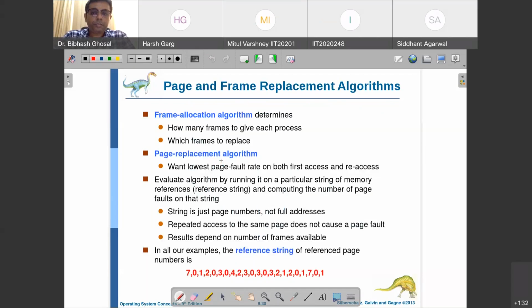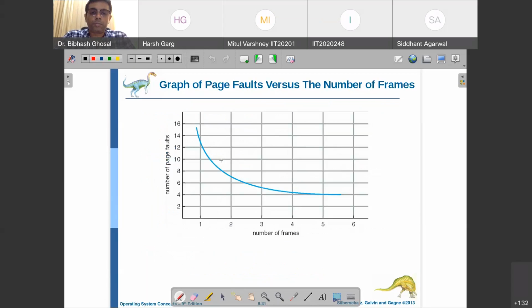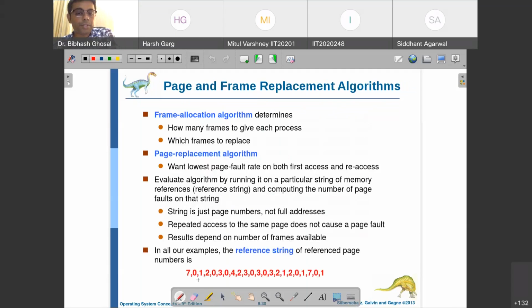So there are a lot of examples that have been cited, with three different algorithms. The idea is to find out which page should be removed. If you look at the trend, let me give you an example. Let's say this is the reference string.